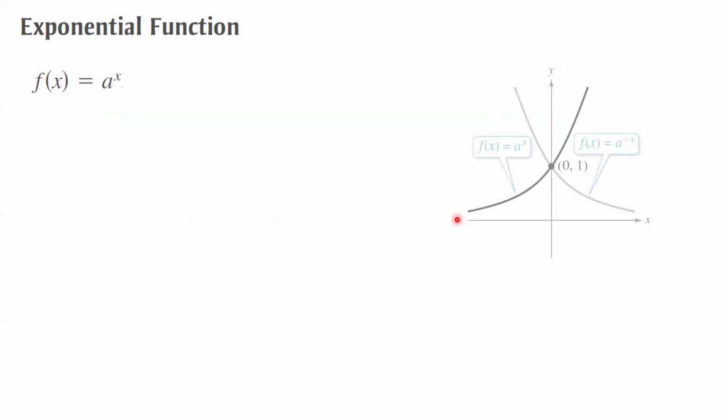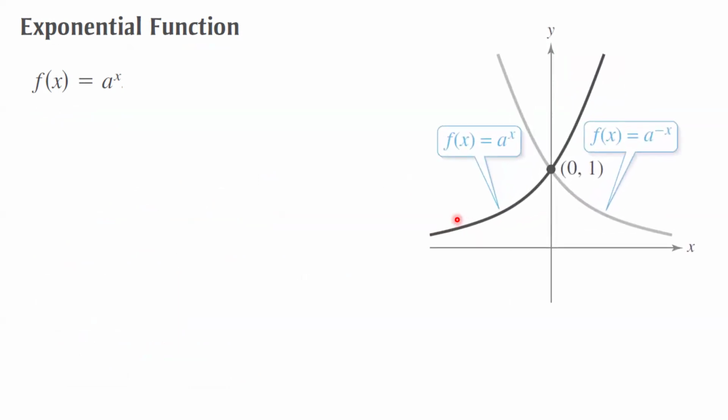Next function, exponential function. Exponential function is defined as f of x equals a to the power x. Remember the behavior of the graph. So when a is more than 1, the graph is increasing.